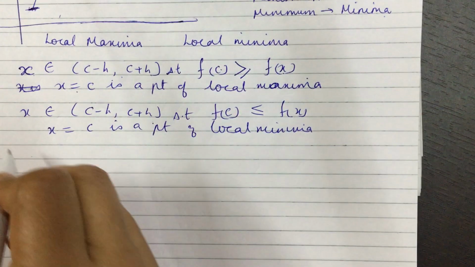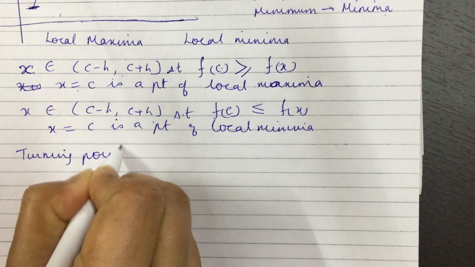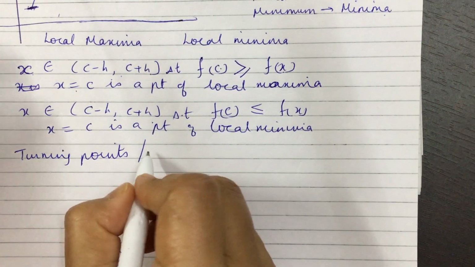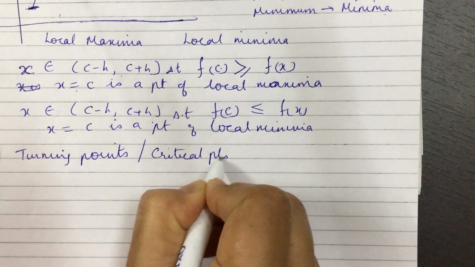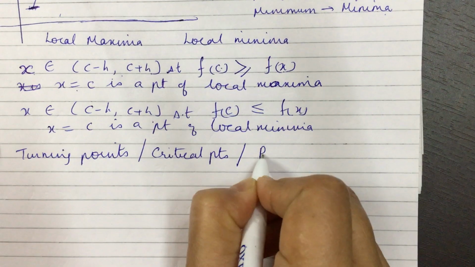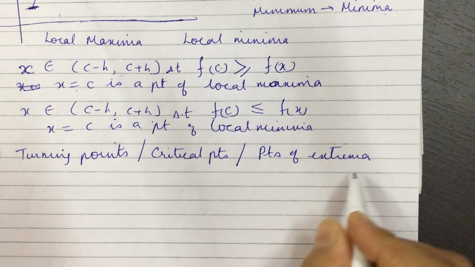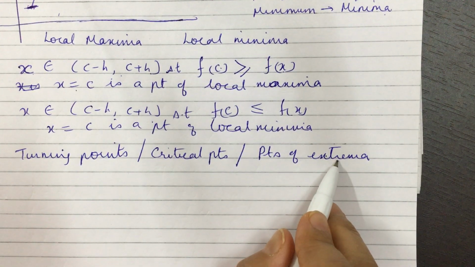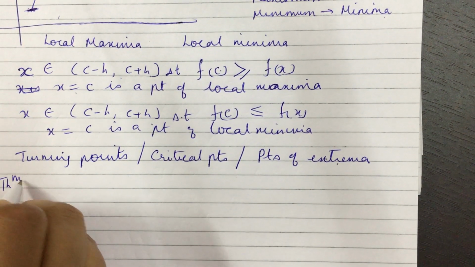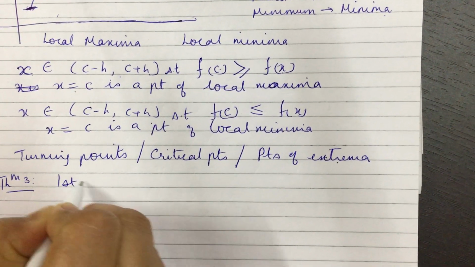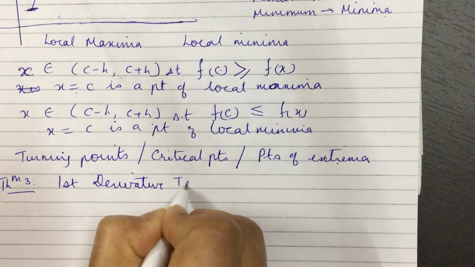So these are also called turning points, critical points, and points of extrema. Extrema means it could be minima or it could be maxima. There is a theorem which is called the first derivative test.